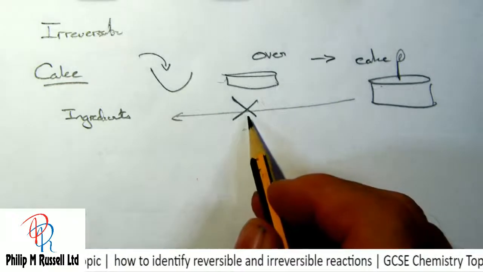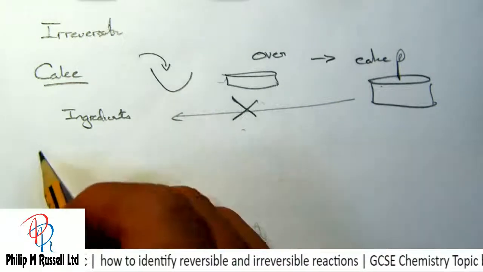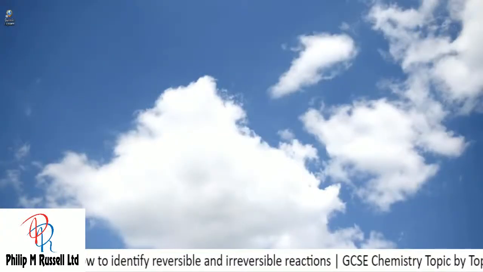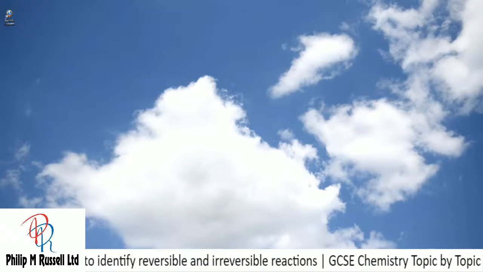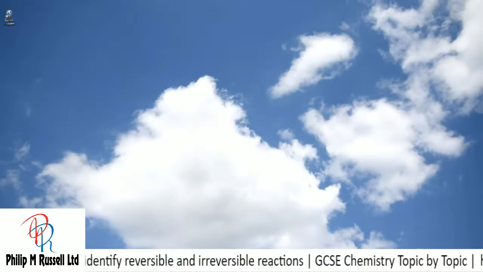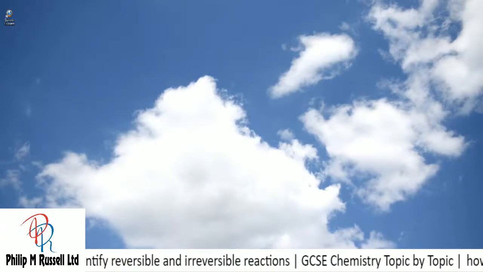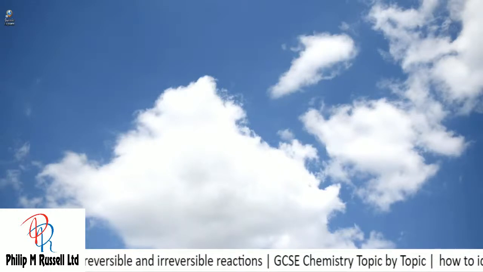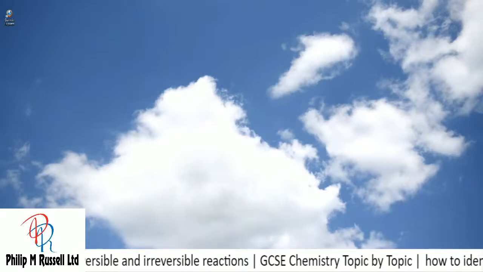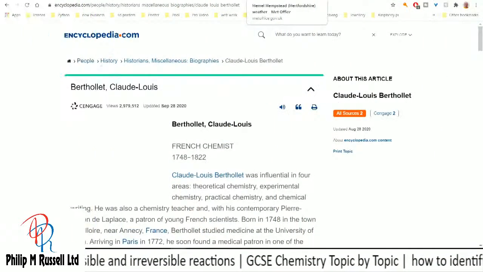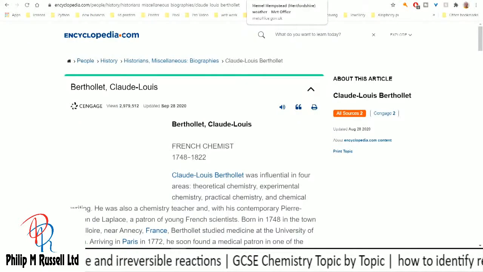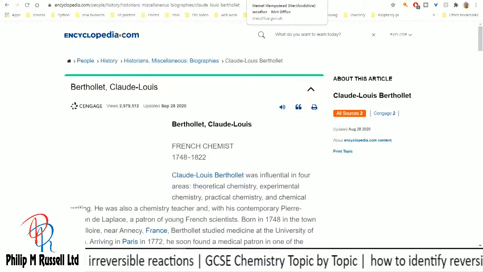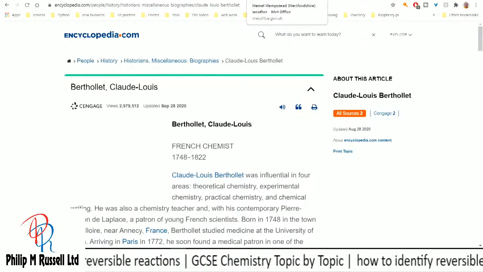So it was quite interesting around about 1850 when a scientist called Claude Louis Berthollet, 1748 to 1822, came up with this idea that when he had some chemicals he could do some bits and pieces with this.